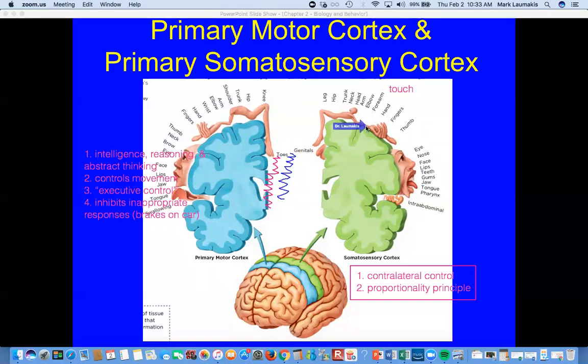Here's the forearm. It's this tiny little sliver, right? Because no one's like, oh, I wish you would touch me on my forearm. It's not where you're particularly sensitive to touch. So again, less brain volume is dedicated to that spot. That's the proportionality principle as it relates to the somatosensory cortex.